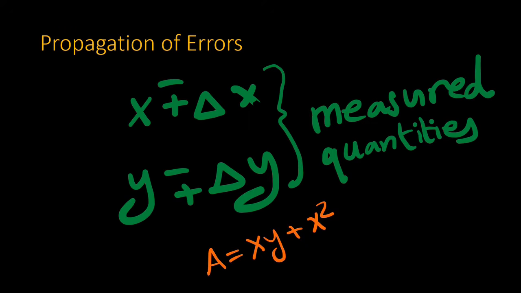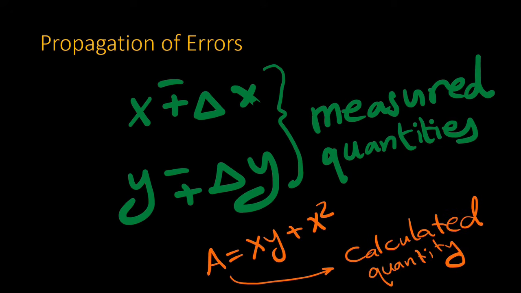Now, let me ask you this. What if there is another quantity, a, for example, that is equal to x times y plus x squared? Now, a is a calculated quantity, but you are going to calculate it by using these measured quantities.